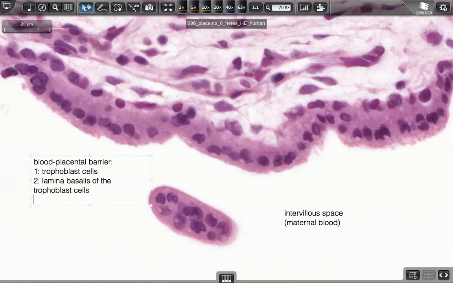The third layer, the mesenchymal cells, the mesenchyme. Then we have the lamina basalis of the capillaries. That's number 4.